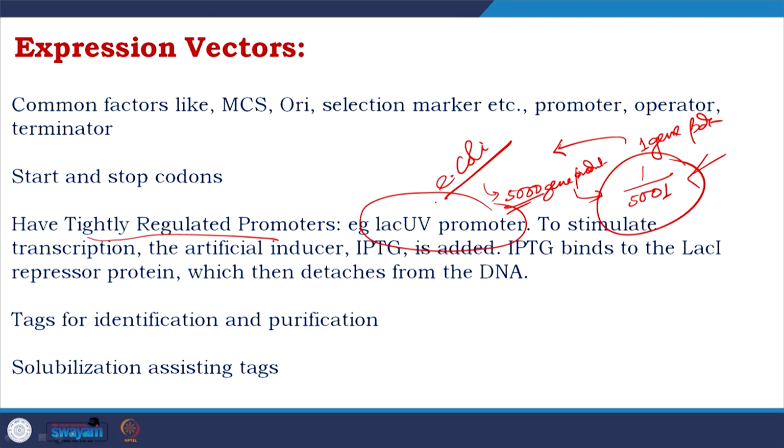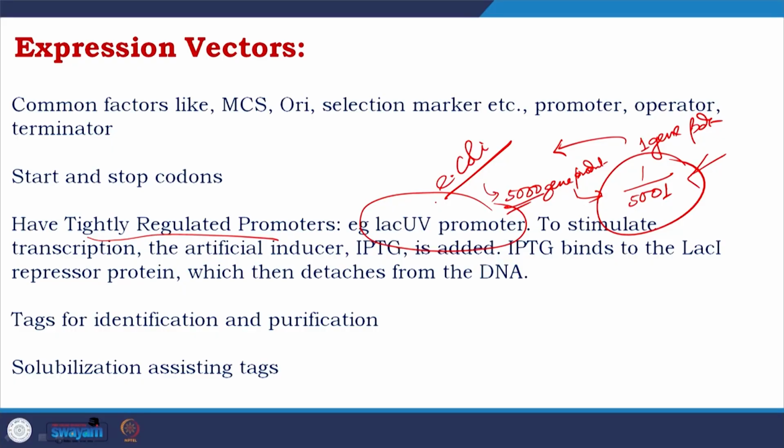The artificial inducer IPTG is a stable molecule which mimics galactose. So, this will be a non-breakable compound. Once it sits on the lac operon, it constitutively pushes the operon to produce the protein it is induced with.